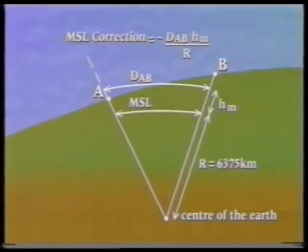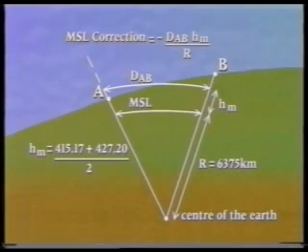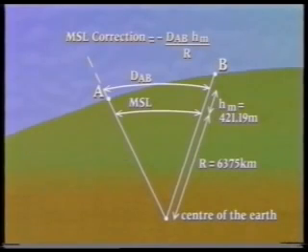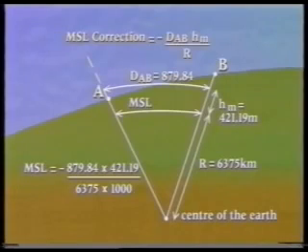So in this case, since the heights of A and B above ordnance datum are 415.17 meters and 427.20 meters respectively, HM is equal to the mean of these, which is 421.19 meters, and the mean sea level correction is equal to minus 879.84 times 421.19 divided by 6375 divided by 1000, which gives minus 0.06 meters.